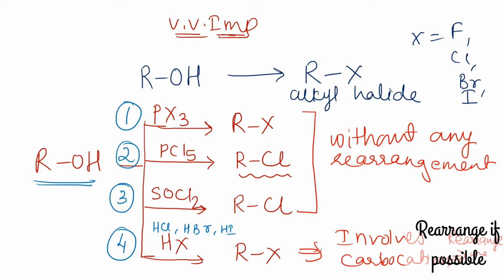So from this slide, what are we remembering? We are remembering that this fourth method, which is with HX, that is HCl, HBr, HI, involves the formation of carbocation, and whenever I see carbocation, there is possibility of rearrangement.